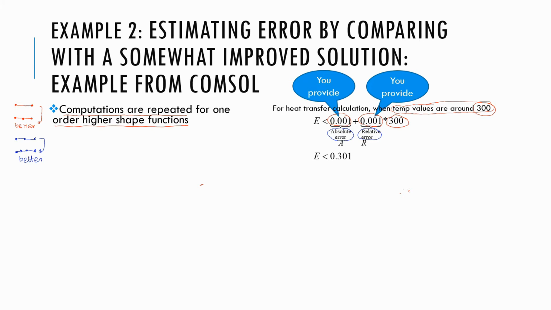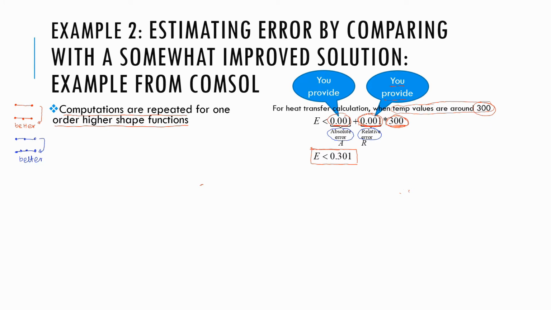So by plugging in the numbers that you provided with the typical temperature values, what you are saying by providing these numbers is that E, the error that I'm going to allow, is less than 0.301, which is 300 multiplied by this quantity added to 0.001. That gives me 0.301.